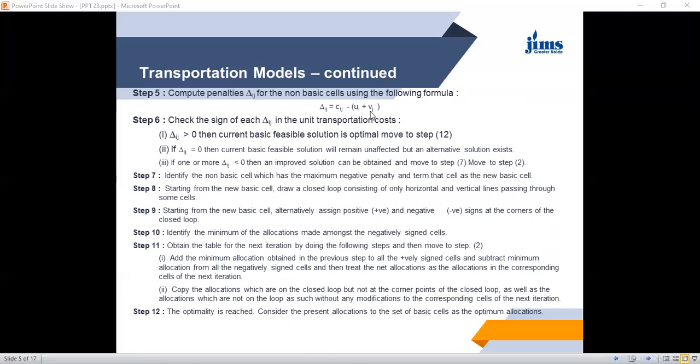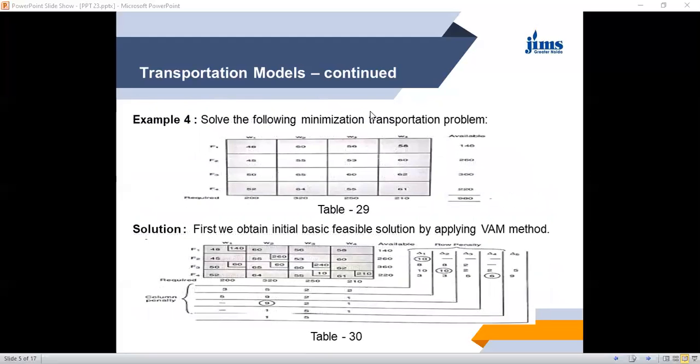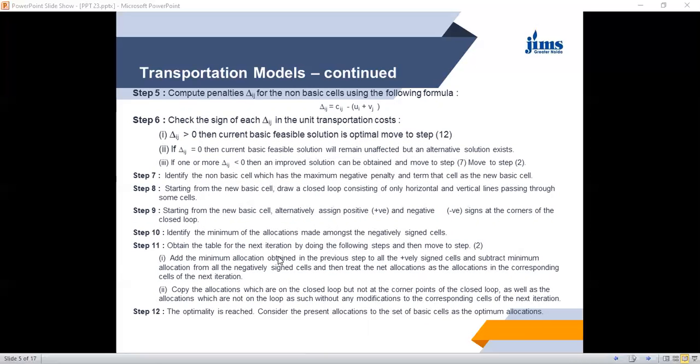What does it mean? If the penalty is more than 0, it means that if any allocation is made, it is going to increase the cost, because you are considering the minimization problem in transportation where the cost has to be minimized, and this incremental cost is positive. It means you are going to lose in the further iteration if you make any allocation in any of the unoccupied cells.